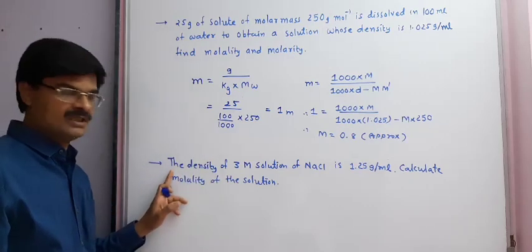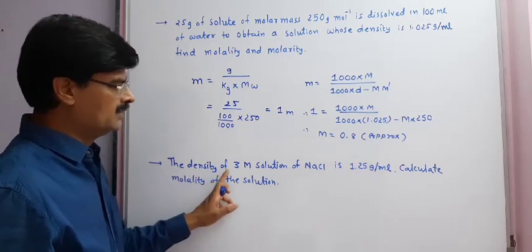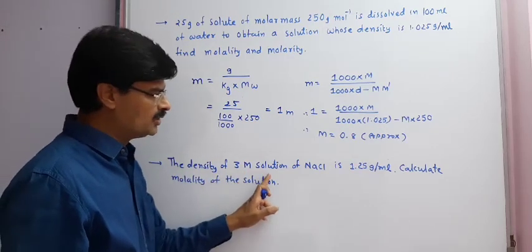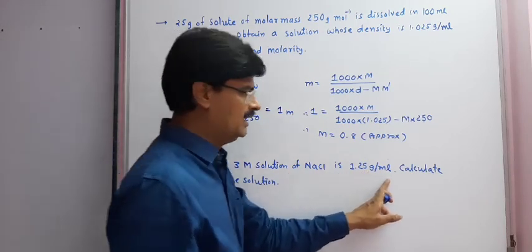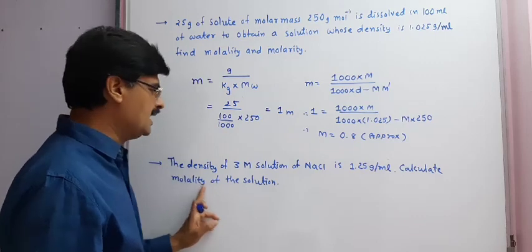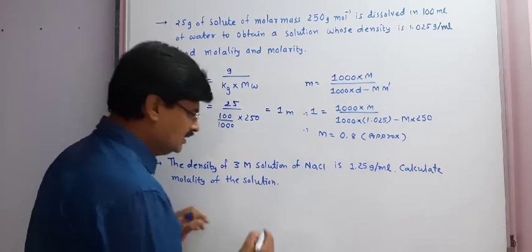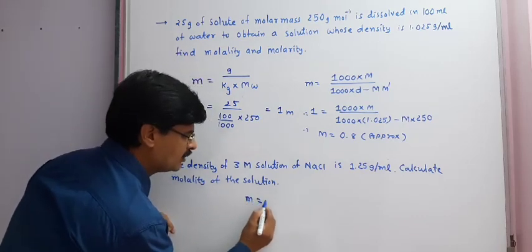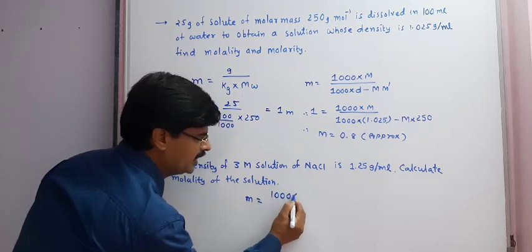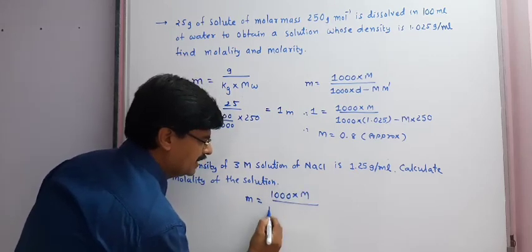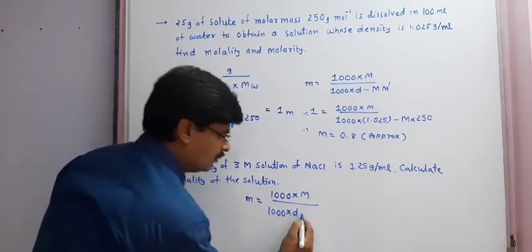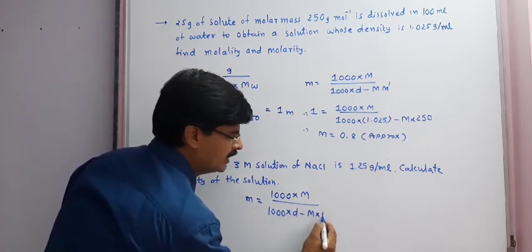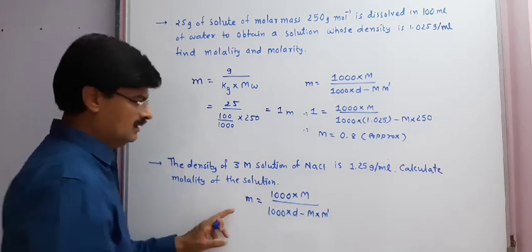Now in the next question, the density of 3 molar solution of NaCl is 1.25 gram per ml. Calculate molality of the solution. So molality is equal to 1000 into molarity divided by 1000 into density minus molarity into molar mass.